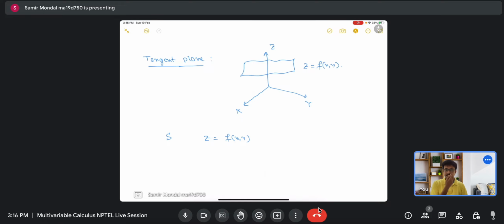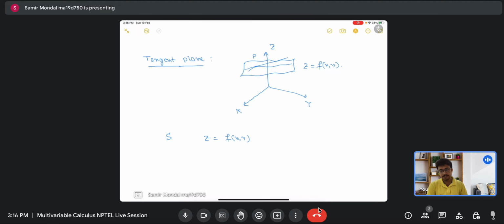Take one curve on this surface, take one point P here, and draw one tangent line here. This is your tangent line.